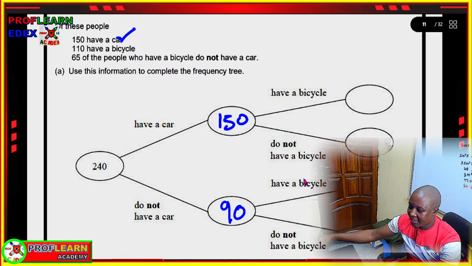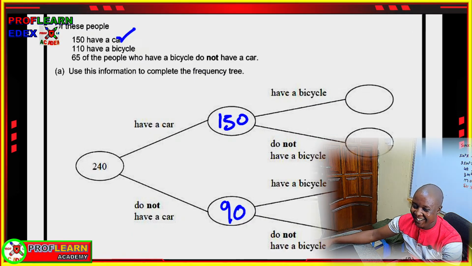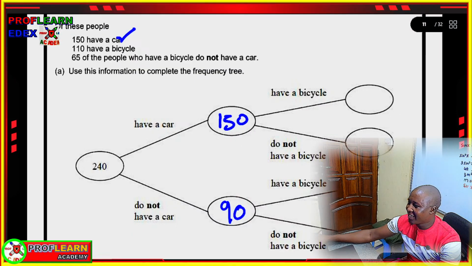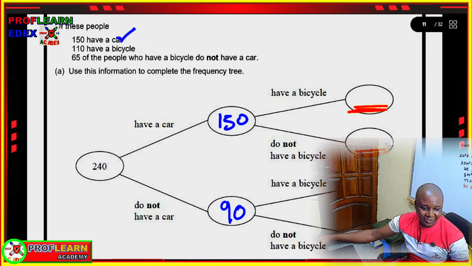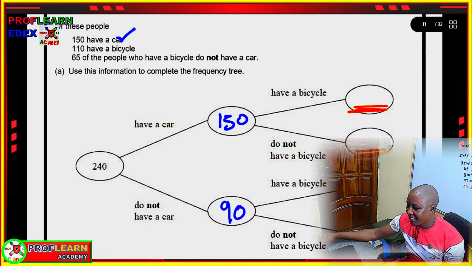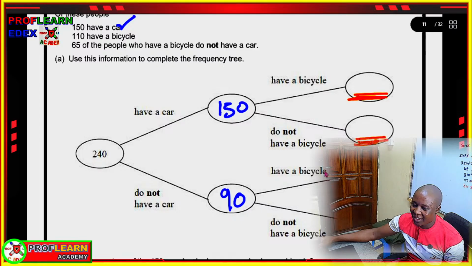Let's see where this is getting lost. Can you write in the comment section what are we going to have here? Just write in the comment section what we are going to have here, because I'm thinking loudly.